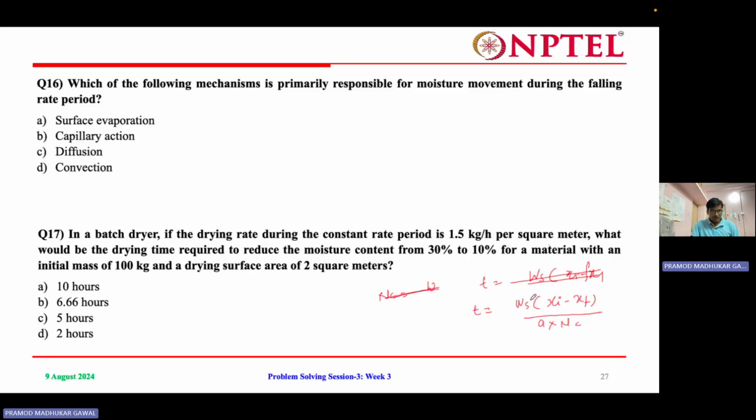Here Ws is the mass of dry solid, A is the surface area, Nc is the drying rate, Xi is the initial moisture content, Xf is the final moisture content. So you have to put the values here and you'll get the answer. 100 into Xi 0.3 minus 0.10, divided by 2 into 1.5, right? So T is equal to 6.6 hours.